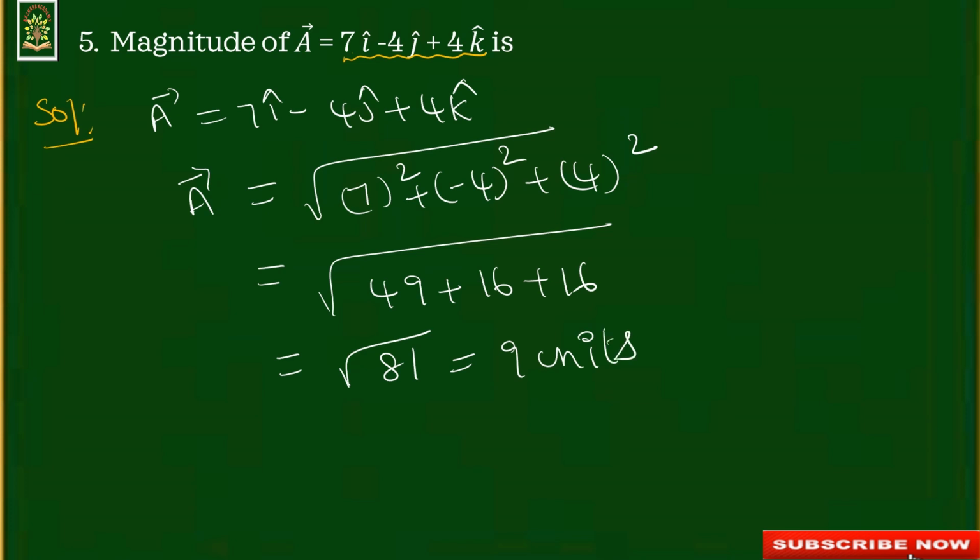Therefore magnitude of A bar is equal to 9 units.